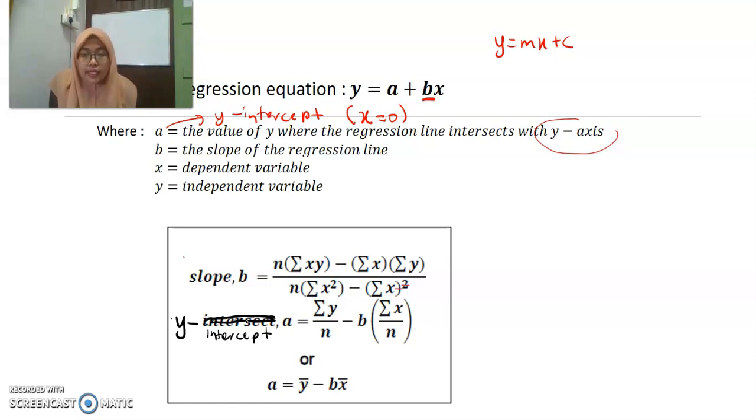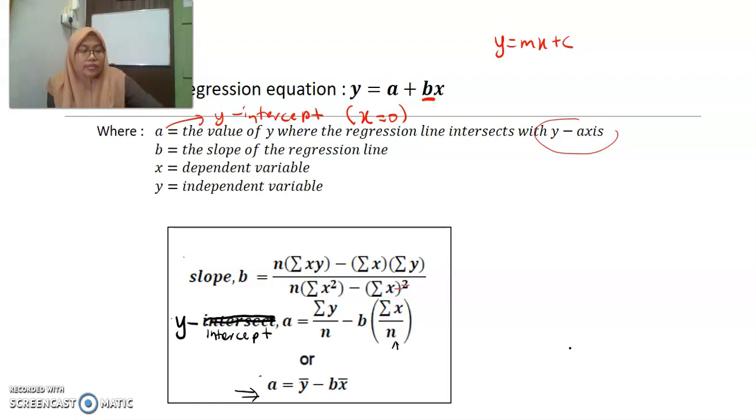Okay, and the intercept formula, the y-intercept, the a value, the formula is total y divided by n minus b times with total x divided by n. Okay, or you can also use this formula to find the a value. Y bar here, it means the mean for y minus b multiplied with x bar. X bar is the mean value for x.